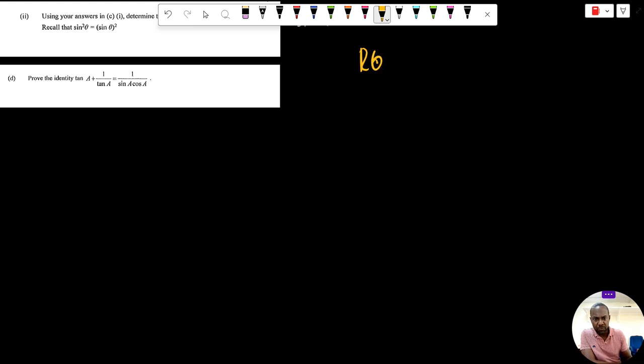So we're required to prove, RTP, not RQ, that tan A plus 1 over tan A is equivalent to 1 over sine A cos A.